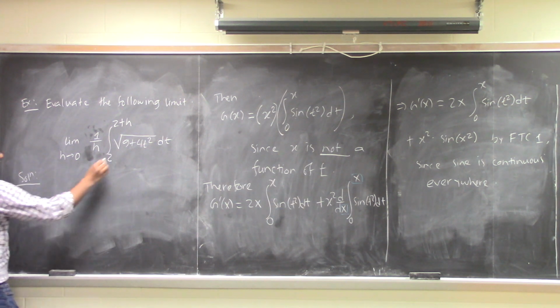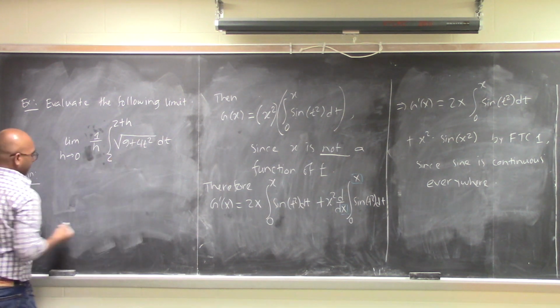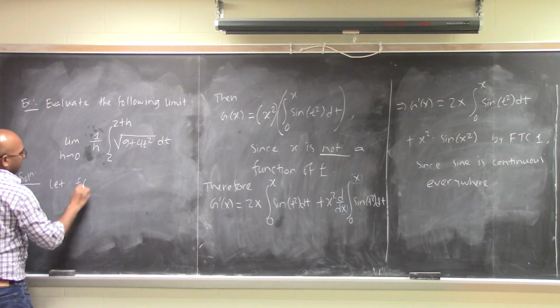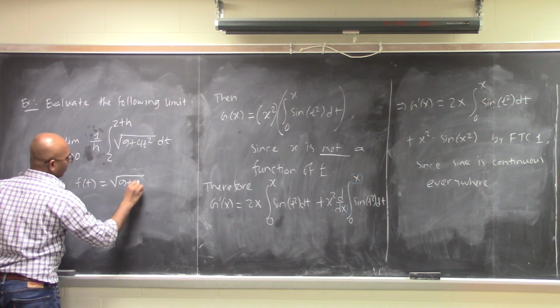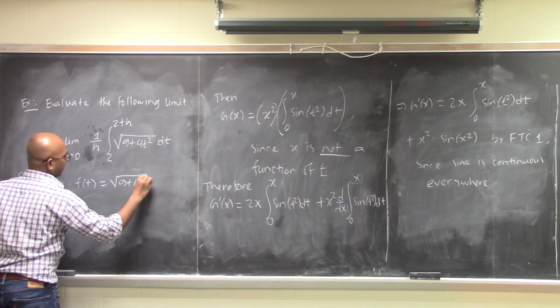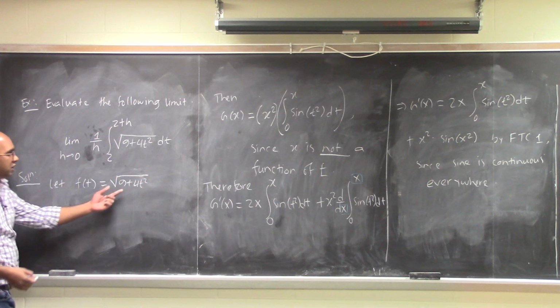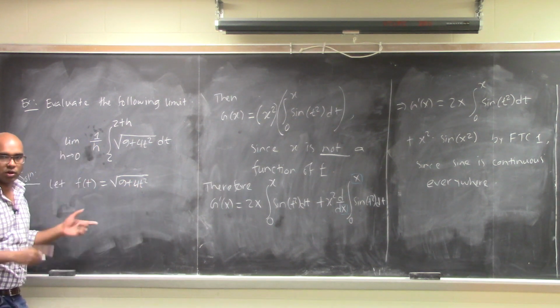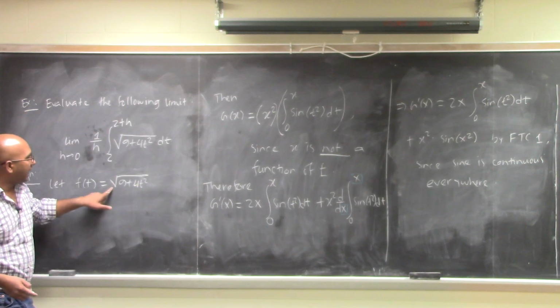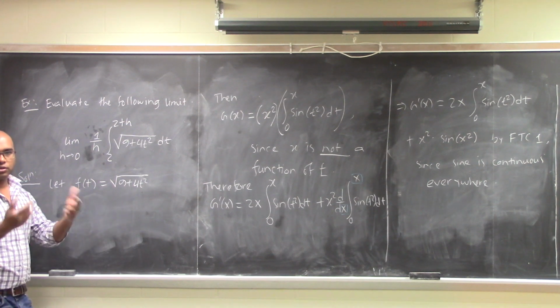Let's give this guy a name because we need to write it down many times. So let's call this f of t equals the square root of 9 plus 4t square. Now notice 9 plus 4t square is a polynomial, and the square root is continuous on its domain. And this composition therefore is continuous on its domain.